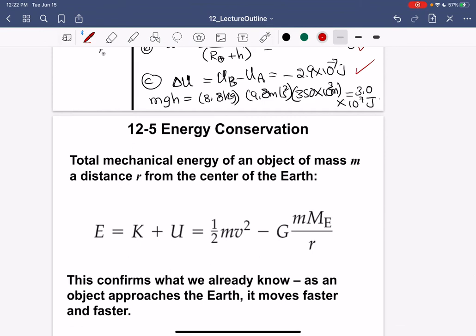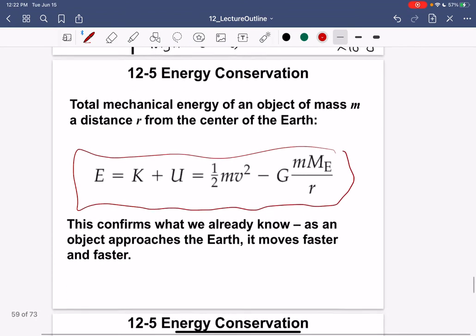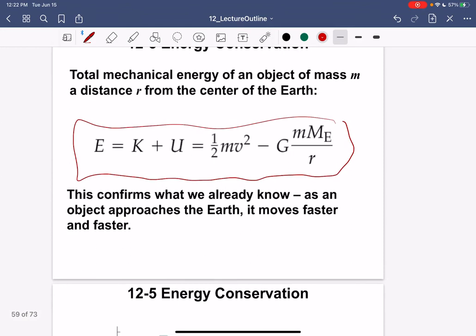Now, when we're going to talk about energy conservation here, total mechanical energy is going to be the kinetic plus the gravitational potential, and it is going to take this form. This confirms what we already know, that the object moves faster and faster as it is approaching the Earth.